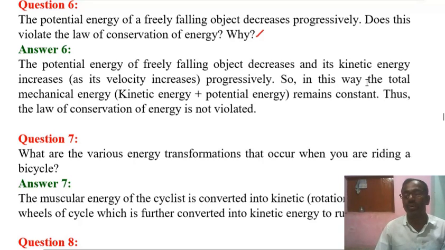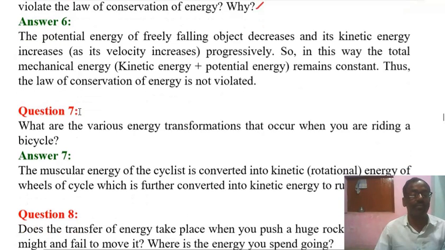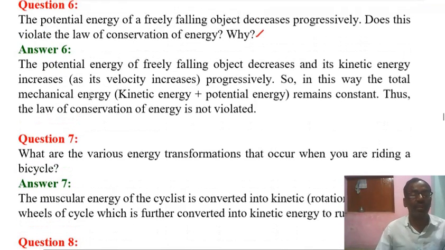So in this way, the total mechanical energy, kinetic energy plus potential energy, remains constant. Thus, the law of conservation of energy is not violated. So this is the exact answer of the question number 6.